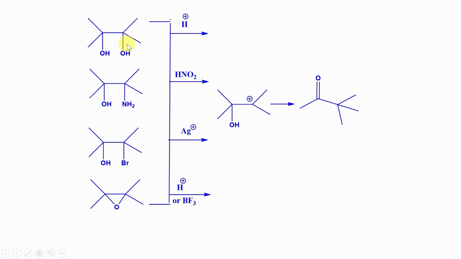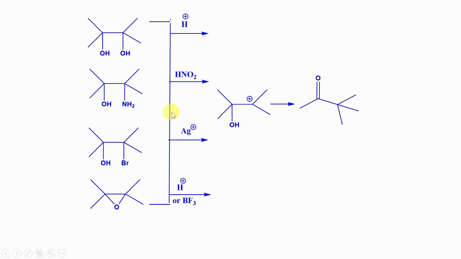In all cases, a more stable carbocation is first formed. Rearrangement or 1,2 migration of the migrating group takes place with the formation of pinacolone as the end product.